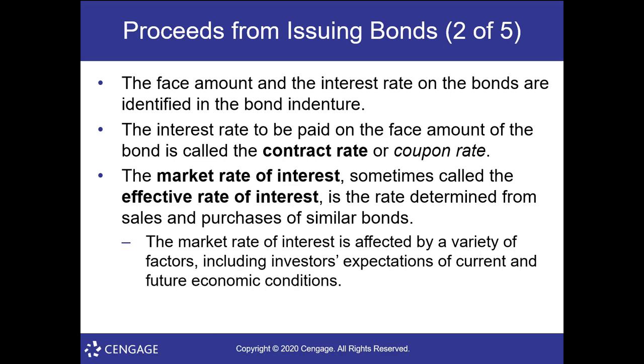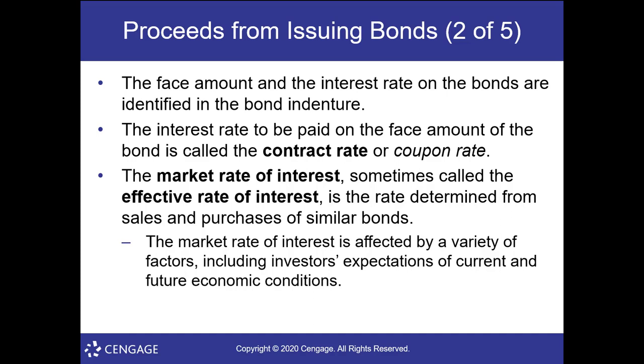Bonds sell on an open market, and the market rate fluctuates on a daily basis based upon the market's determination of the amount of risk involved in the particular bond. The higher the risk, the more the bond needs to pay.